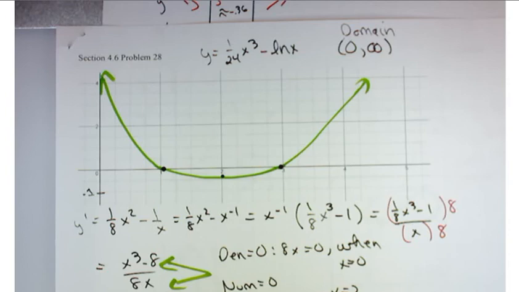All right. Well, while you're working on that, let me assign some homework. Let's try 1 through 27 and 35 through 43.